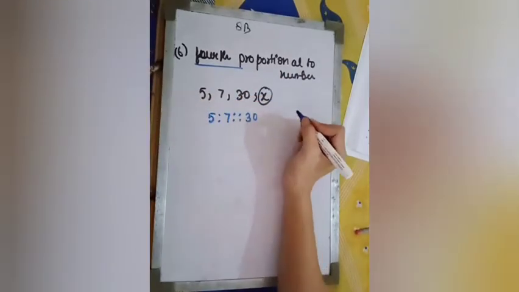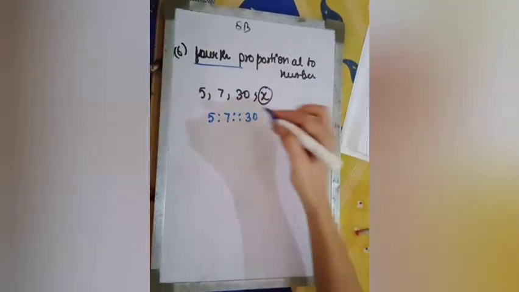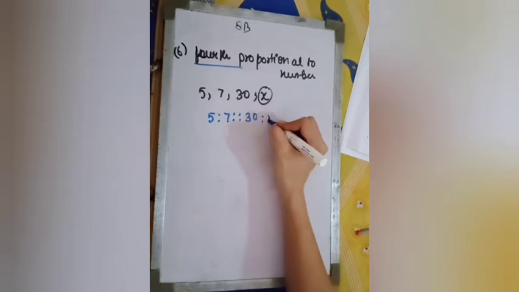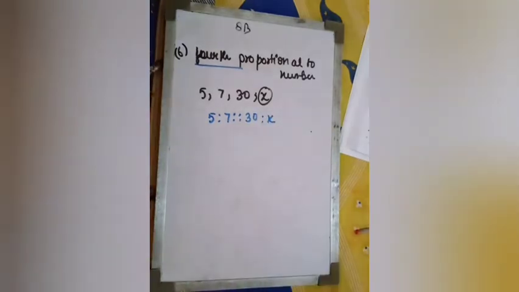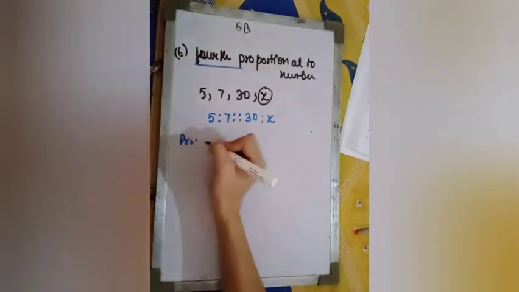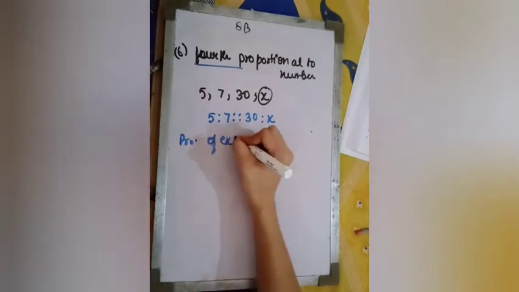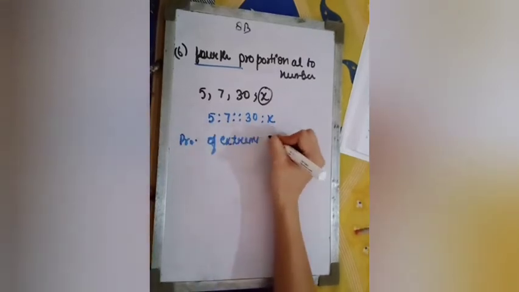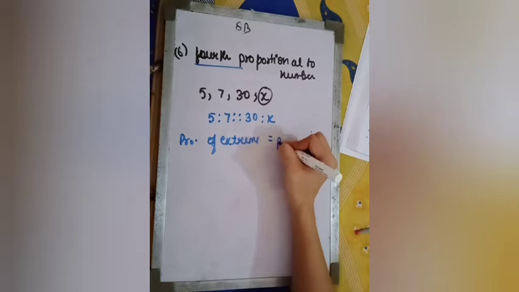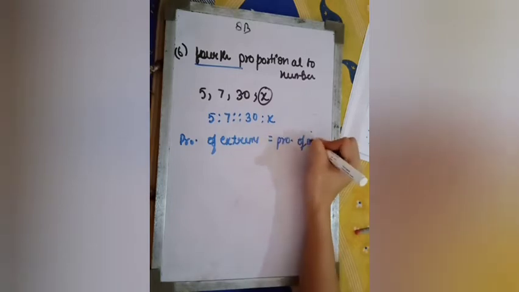Write in this form. I told you the fourth proportional to A, B, C is D. So from here you can find the value of x. Use the formula product of extremes equal to product of means.